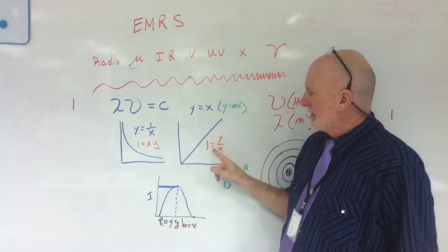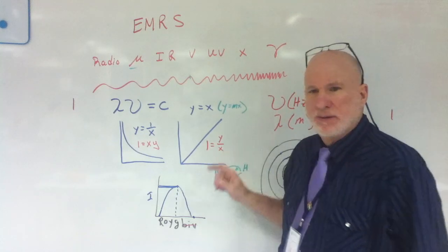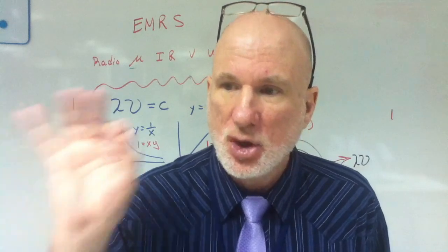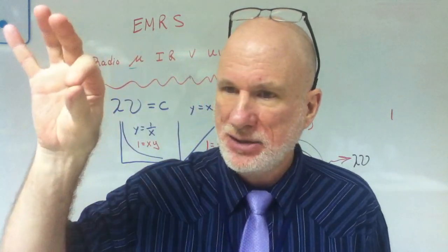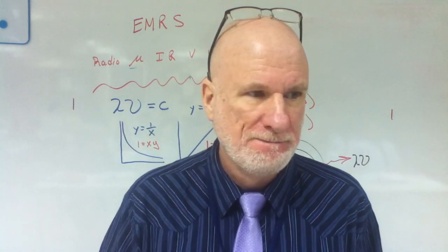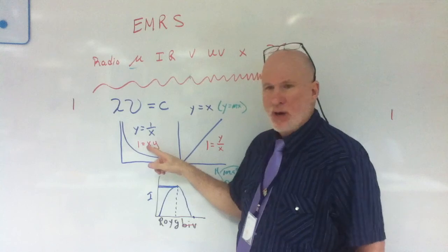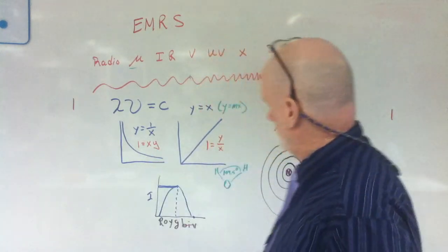That is the same thing. When the variables form a quotient constant, that means that it is a direct relationship. When it forms a product constant, that means that it is an indirect relationship.